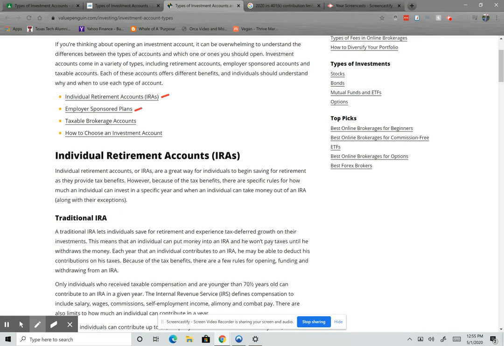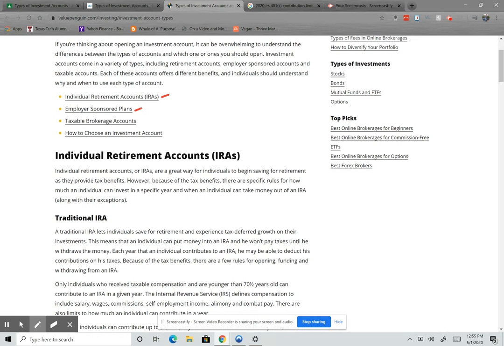Pensions are called defined benefit plans, because with a pension you know exactly what you're going to get every year when you retire. They calculate it all out and give you the paperwork and say, look, we've contributed to this pension plan for you, and when you retire you're going to get this amount.